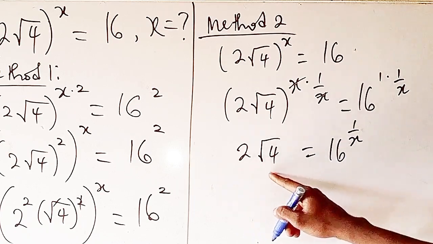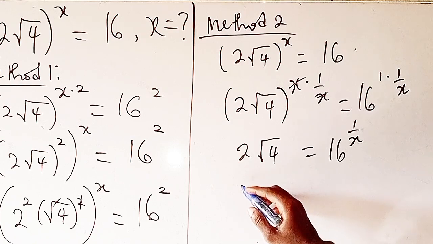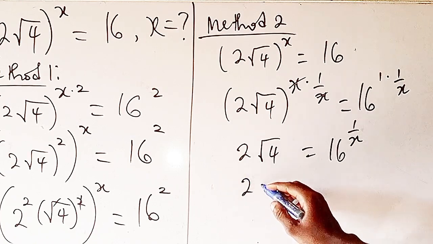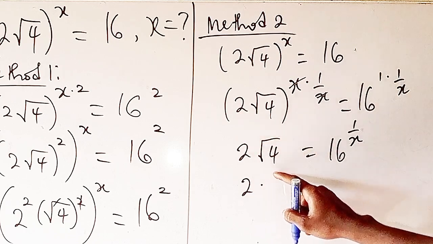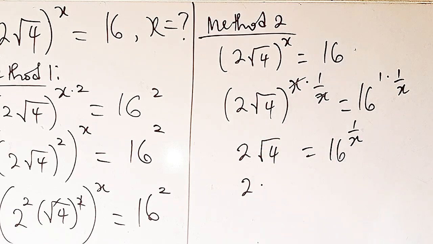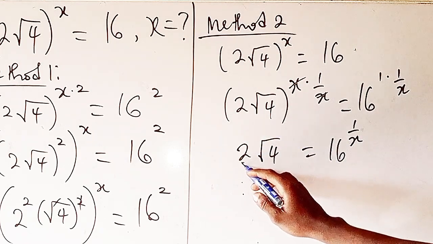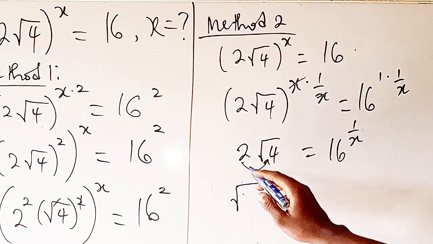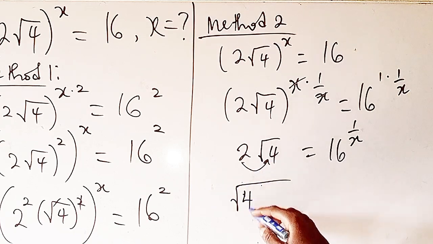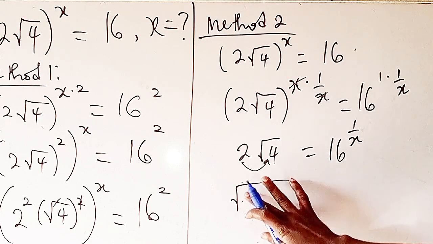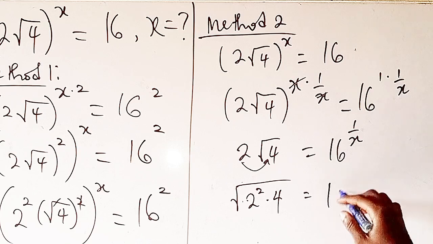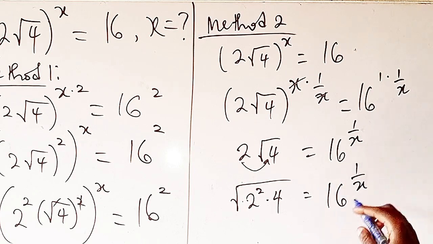Now we can rewrite this as 2 multiplied by the square root of 4. The square root of 4 is 2, so that is 2 squared multiplied by 4 equals 16 to the power of 1 over x.